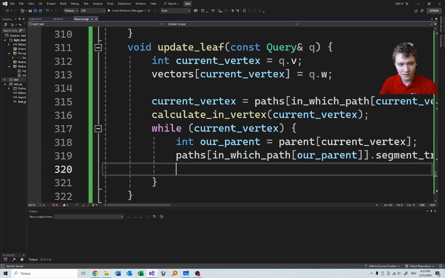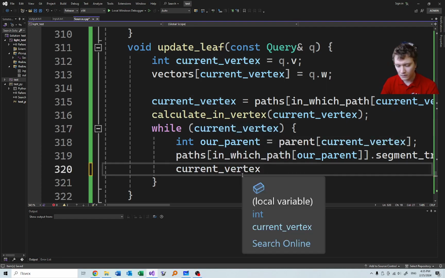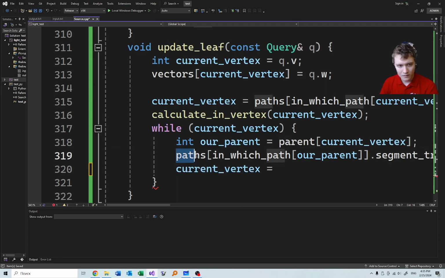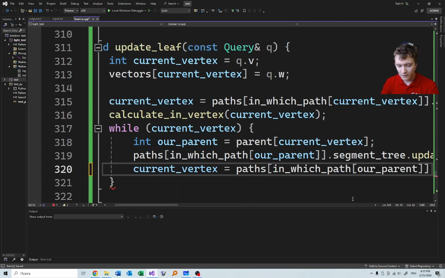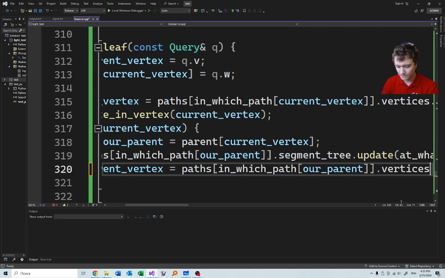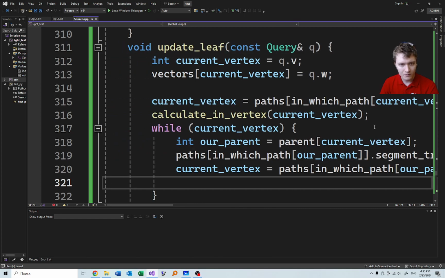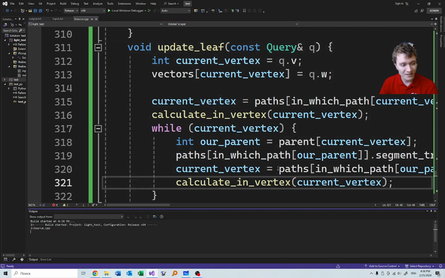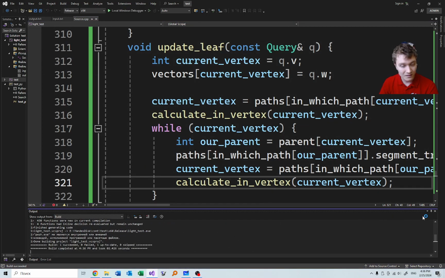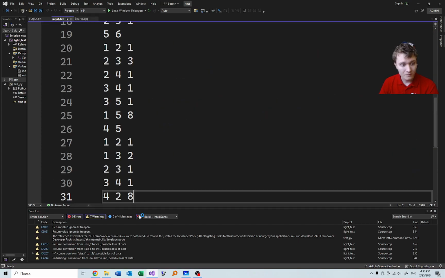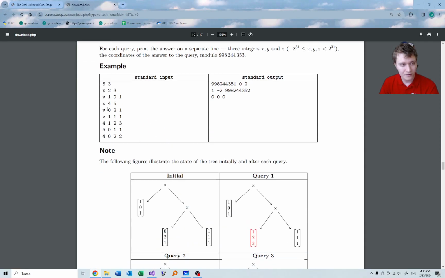After that, we need to say that current vertex is actually the leading vertex of this path, and we need again to recalculate this vertex. That's actually it. We have written it. It is ready. Let's try to compile now. It compiled. Maybe it will also work, although I somehow am not sure.